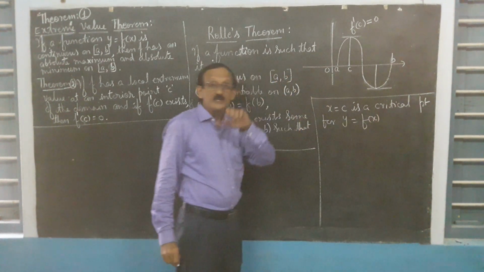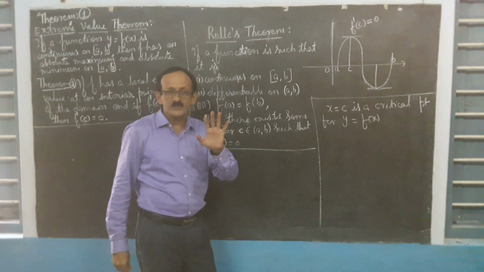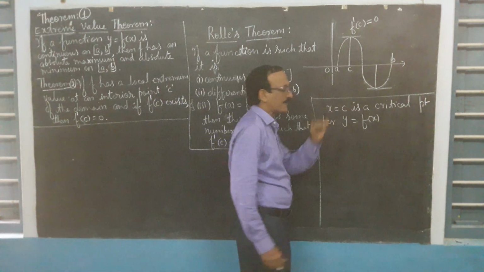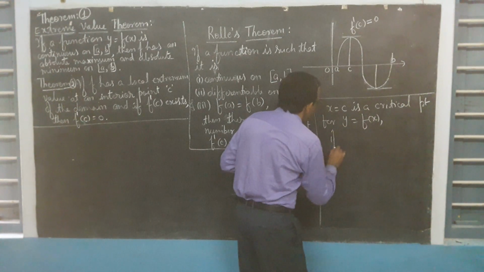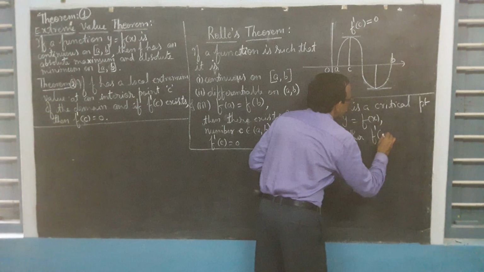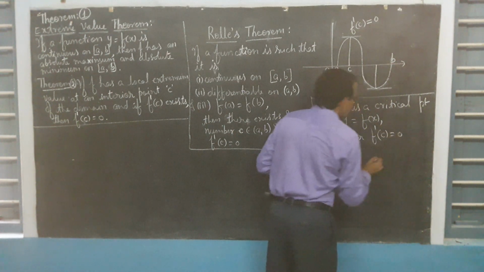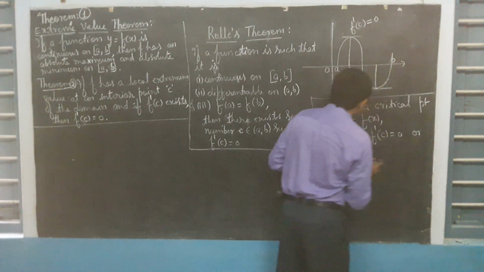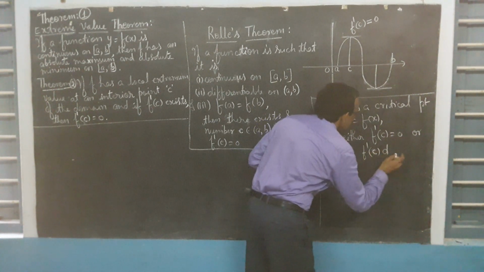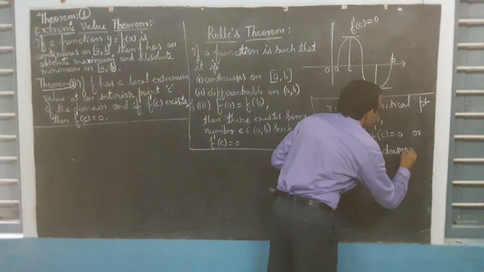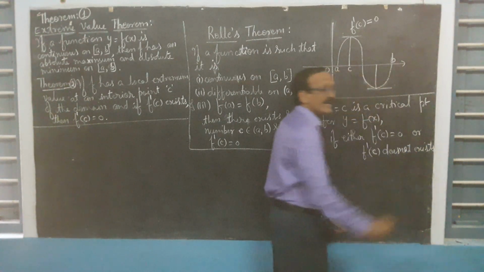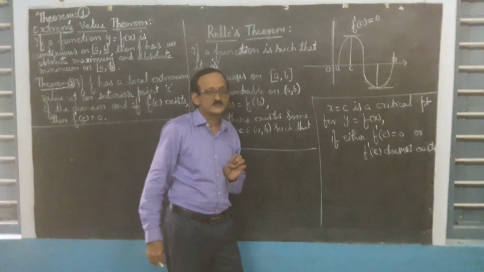A number x equals c is called a critical point for the function y is equal to f of x when either f dash c is 0, the value of the derivative at c is 0, or the value of the derivative at c does not exist.